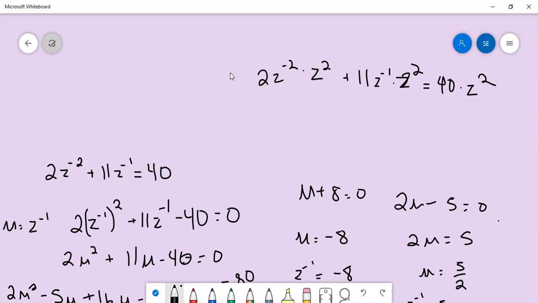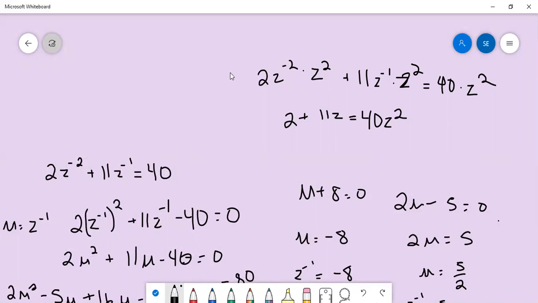So z to the negative 2 times z squared just becomes 2. 11, again, when we multiply, we're going to add our exponents. So negative 1 plus 2 is 1. So this becomes 11z is equal to 40z squared.